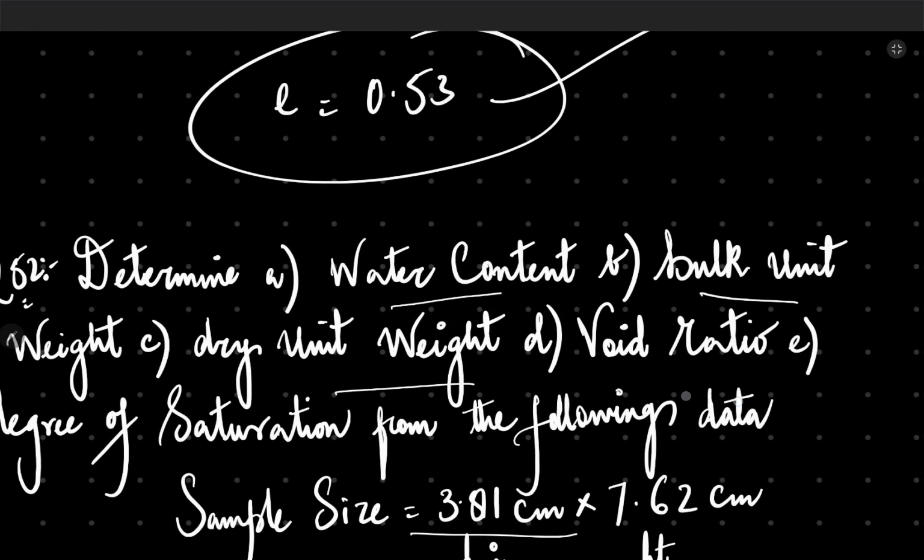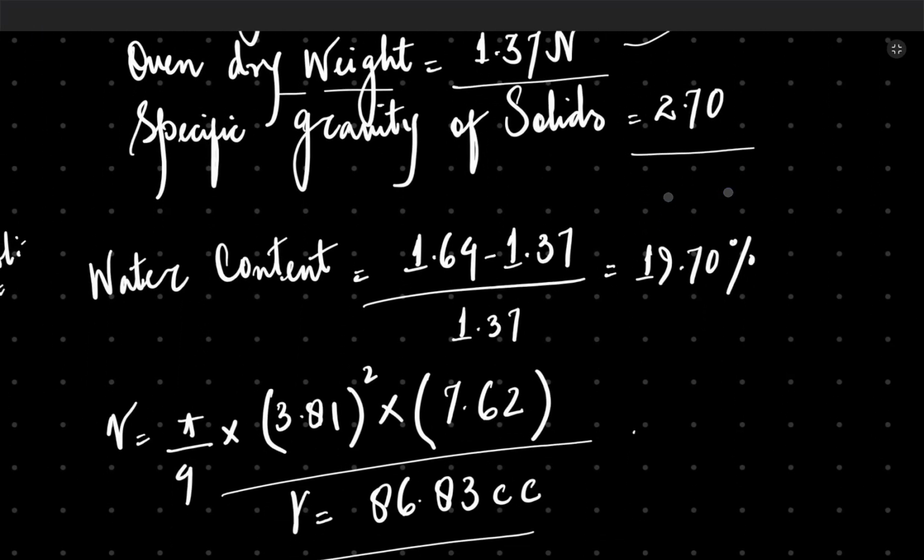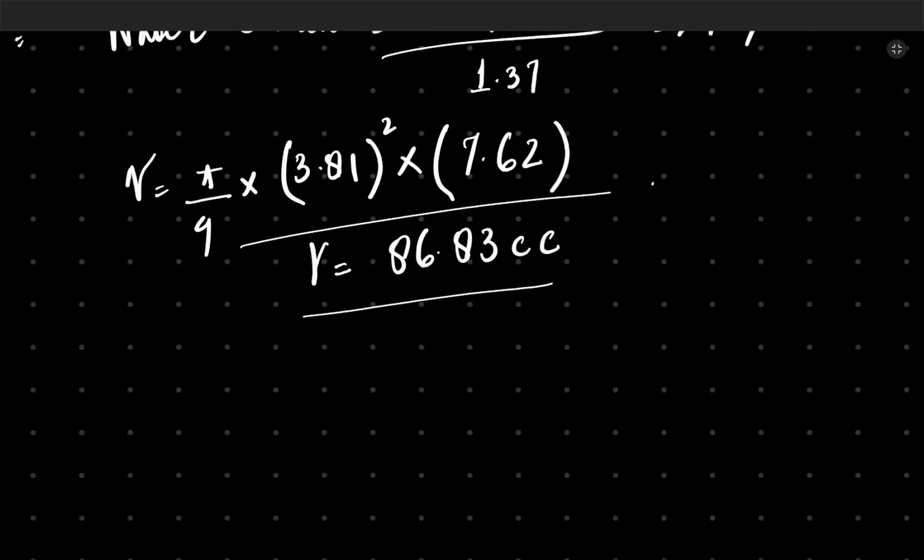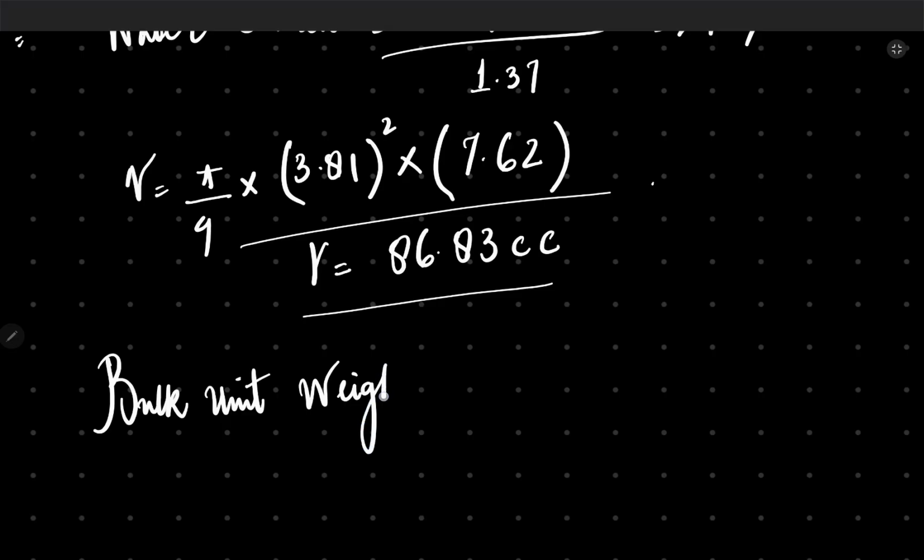Next thing, bulk unit weight. So let's find the bulk unit weight. Bulk unit weight, denoted by gamma, it is mass per unit volume. But which mass? Mass in the bulk state or the wet state or the moist state.